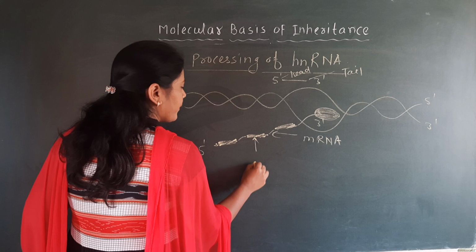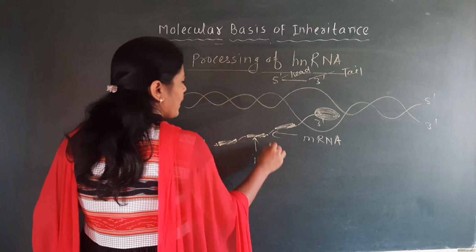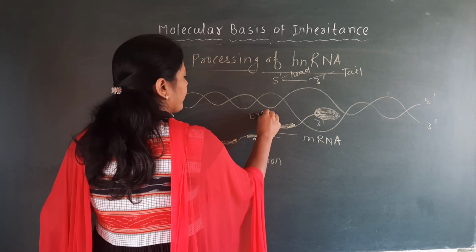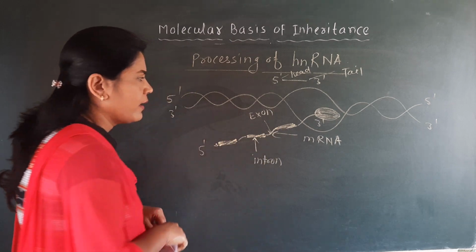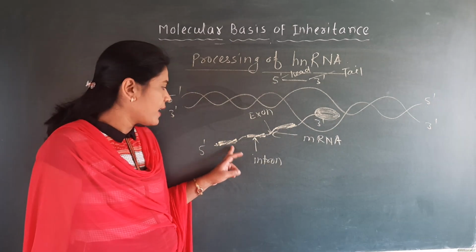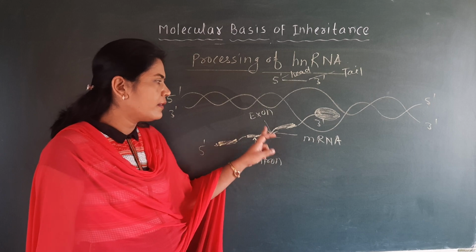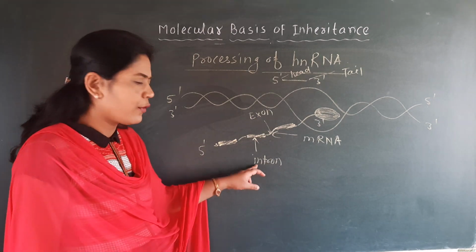This is called the intron and this is called the exon. This mRNA has this intron part and this exon part. We have to remove this intron part.